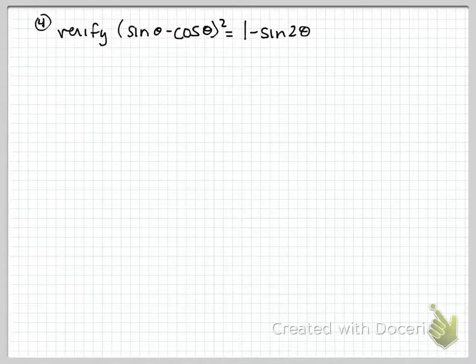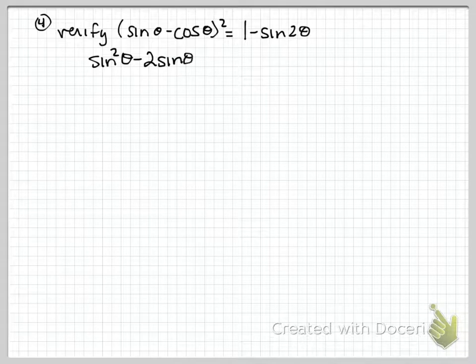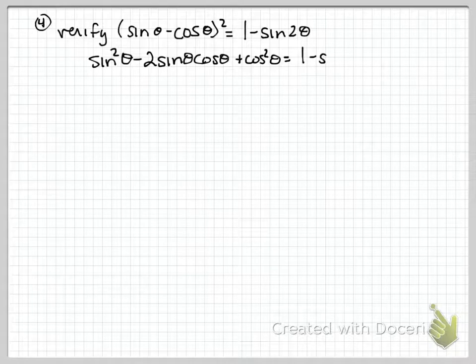Looking at the left side, if I multiply this out, I'm going to get sine squared theta minus 2 sine theta cosine theta plus cosine squared theta, and that's going to equal our 1 minus sine of 2 theta. Now if you notice in here, I see a positive sine squared theta and a positive cosine squared theta.